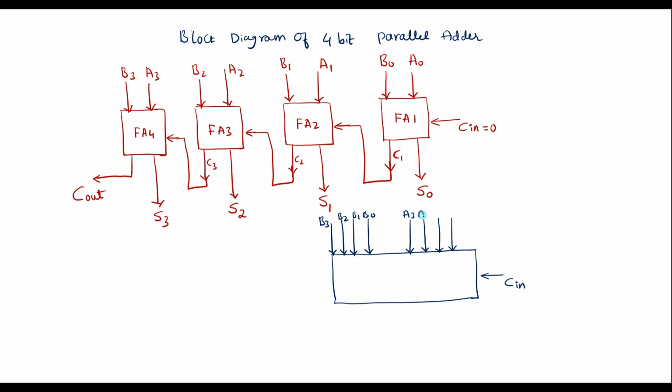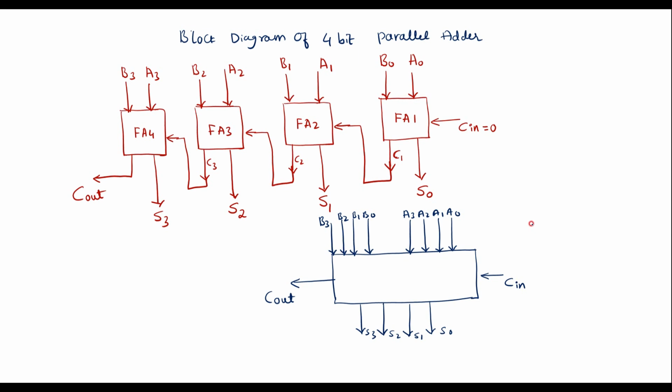Here we have A3, A2, A1 and A0. So as we have seen here, it produces 4 outputs, that is we have S0, S1, S2 and S3, and it produces the final carry out, that is Cout. So this is the logic symbol for 4-bit parallel adder.